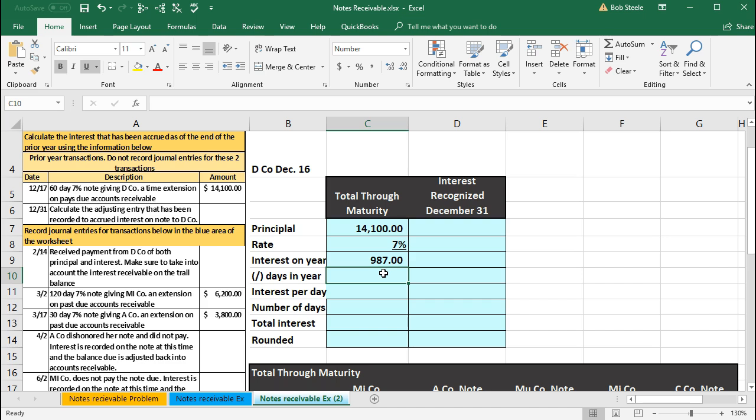The way to do that is to say this equals how many days in a year. You would say 365. I'm going to make it even, which is 12 months times 30. So we're going to assume all months have 30 days rather than 28 or 30 or 31. And enter. So then we got the 360. Now we're going to take the interest divided by the number of days.